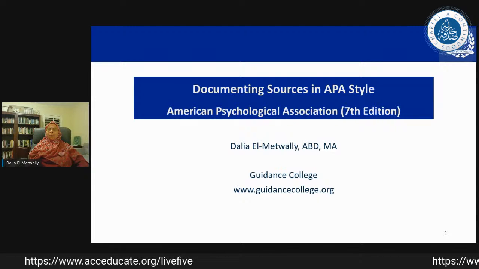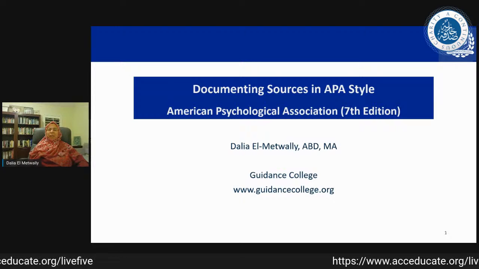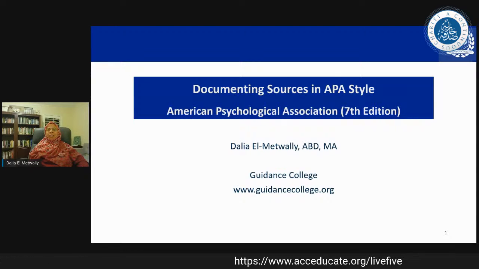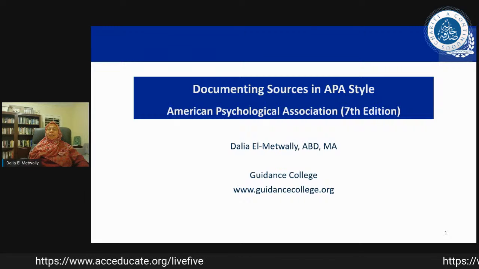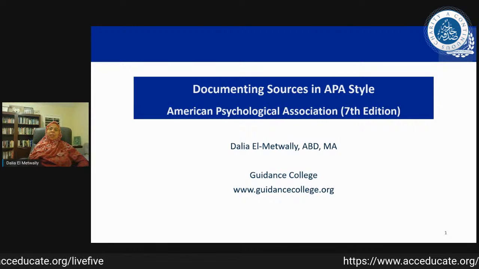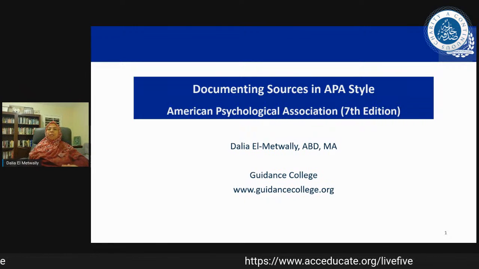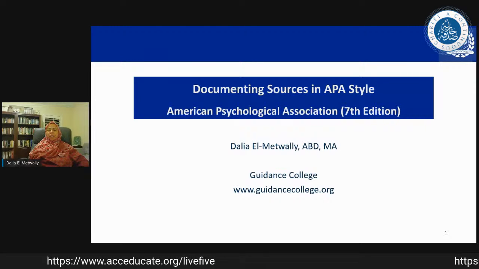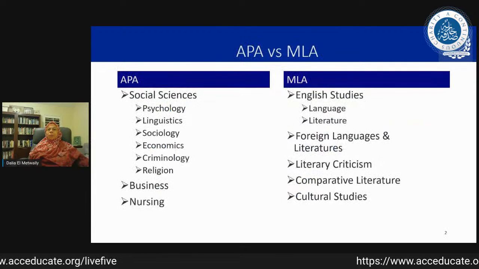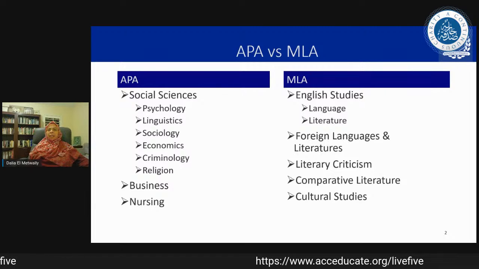So without going any further, let me go ahead and start our presentation, documenting sources in APA style. This is one of the most important styles that we use because it touches upon different disciplines in our studies. Somebody might ask, what's the difference between APA and MLA?